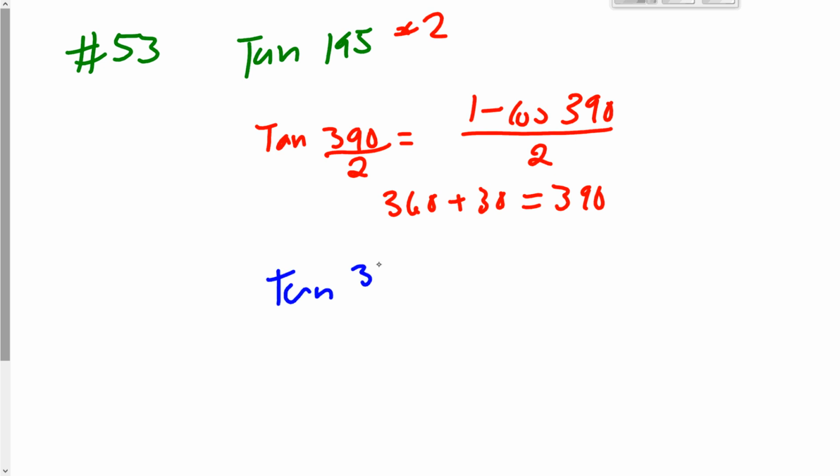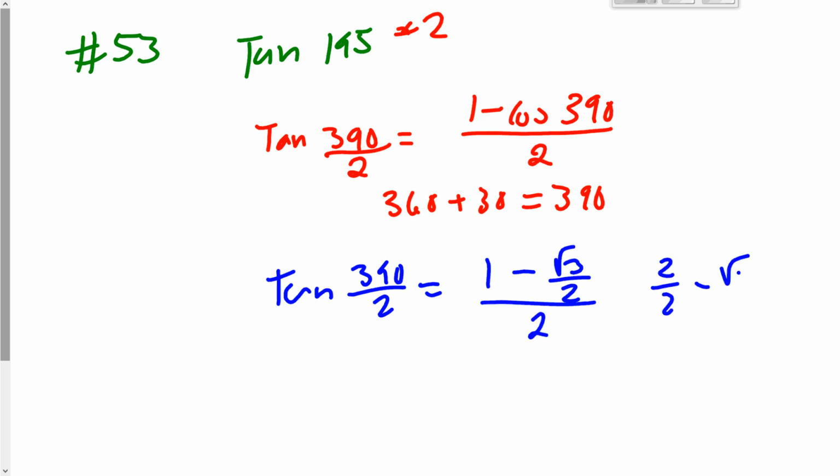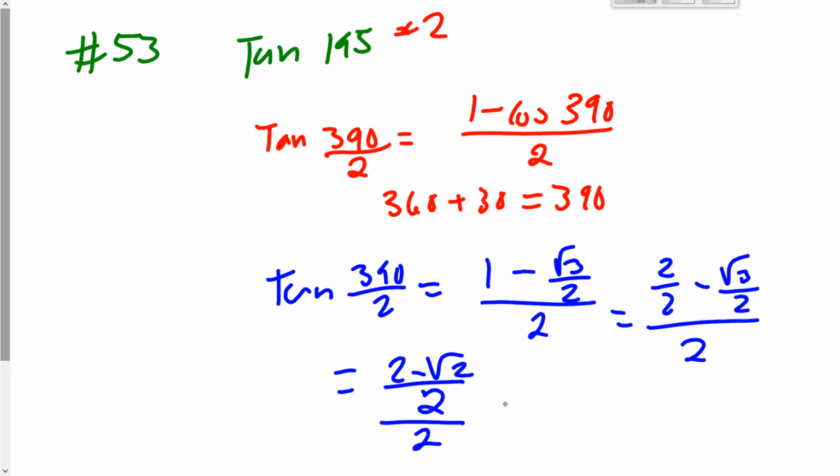So we have tan of 390 over 2 equals 1 minus cosine of 30, really. And cosine of 30 is root 3 over 2, all over 2. You notice these answers are really looking similar, like I said. And so then we get 2 minus root 3 all over 2 divided by 2, which is times by 1/2.